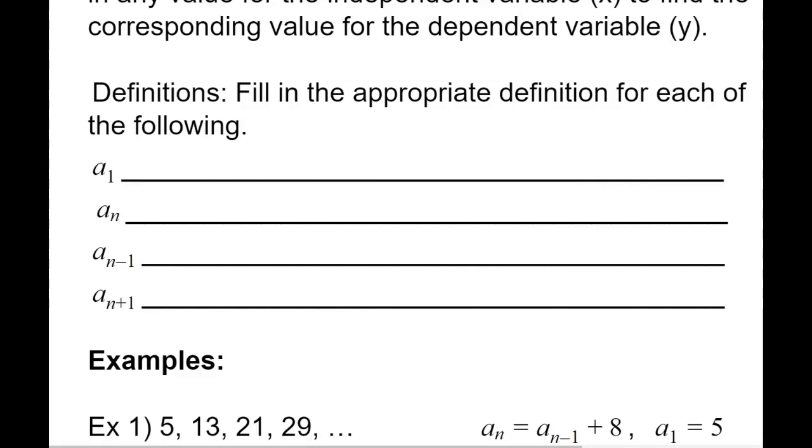The subscript 1 tells you what term position it is. So a sub 1 is the first term. The subscript letter is the position number. So if I had a list of numbers, the first position is 1, and the entire term's value is a sub 1.